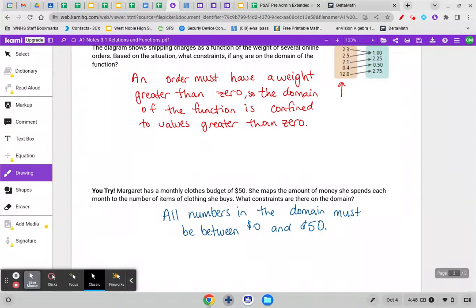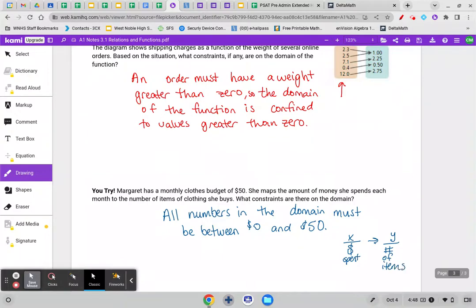Okay, so since Margaret is mapping the amount of money she spends each month to the number of items she buys, your input or your domain is going to be the money spent, which then maps to your output y, which is number of items.